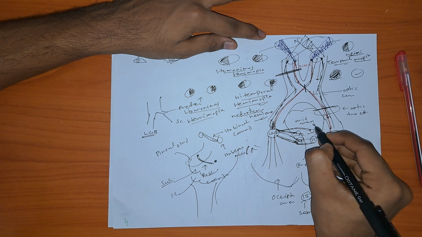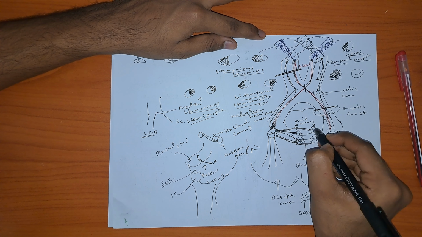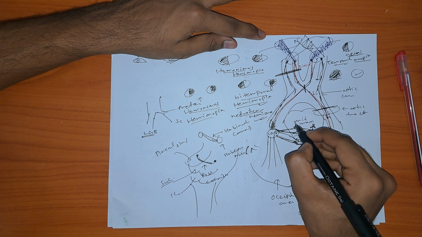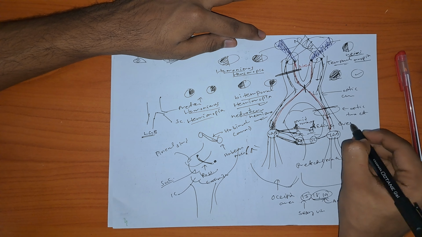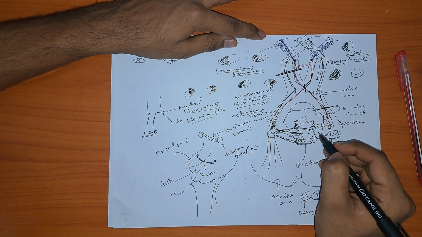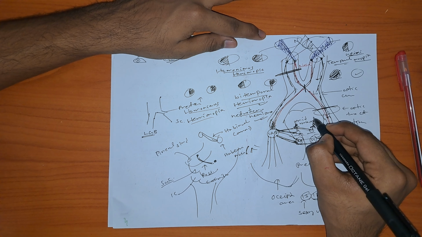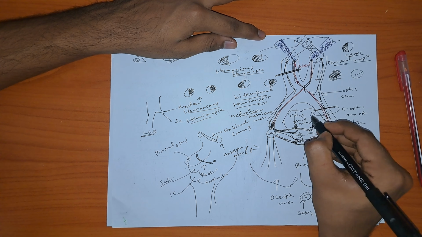From the pretectal nucleus we have the cranial nerve 3, that is the Edinger-Westphal nucleus. Now the fibers from the pretectal nucleus will stimulate the Edinger-Westphal nucleus. It is located in the midbrain at the level of the superior colliculus, we know that. So from the Edinger-Westphal nucleus we have the oculomotor nerve, that is cranial nerve 3.